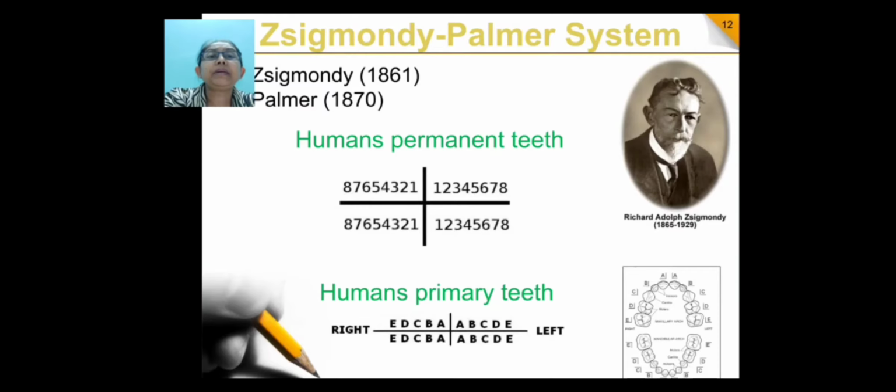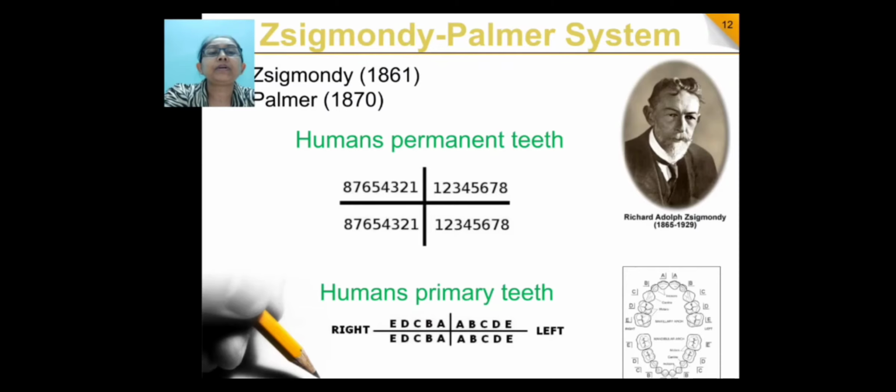Later, Palmer in 1870 also came up with the same numbering system. Hence, in 1947 the ADA came up with the name Zsigmondy-Palmer system, since both had contributed the same numbering system.